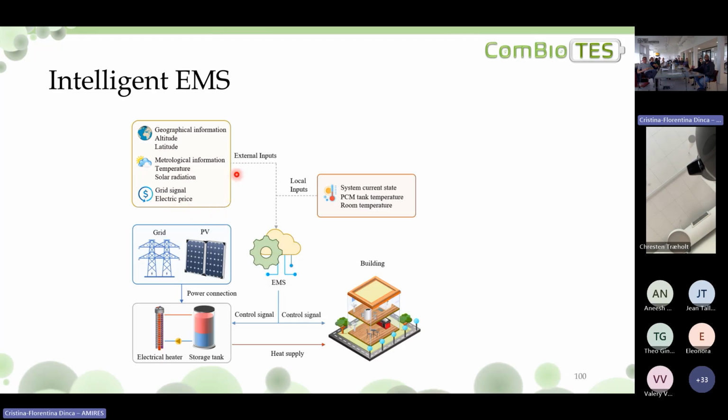And this, along with the current system state of charge and the current comfort level in the building, informs the EMS to schedule, hopefully in a smart and intelligent way, the charging and discharging of the storage.